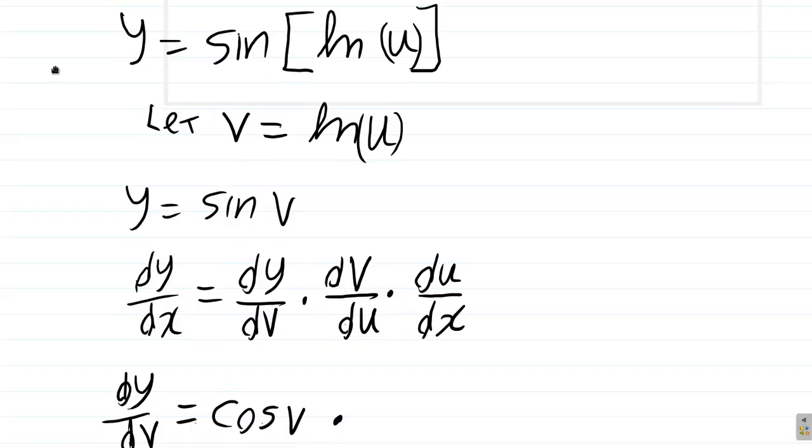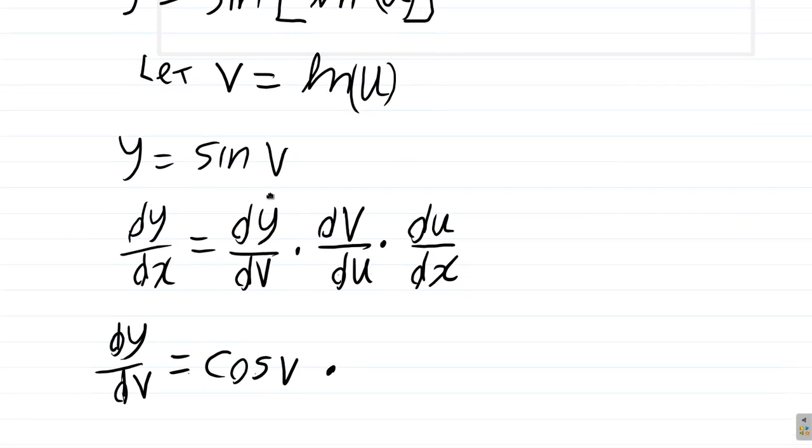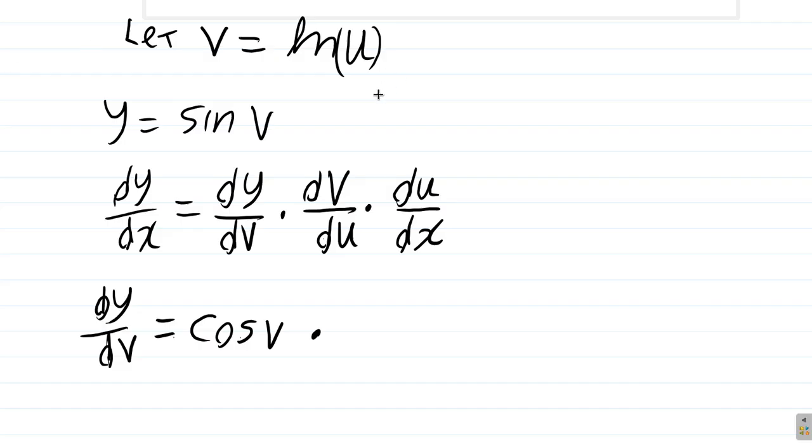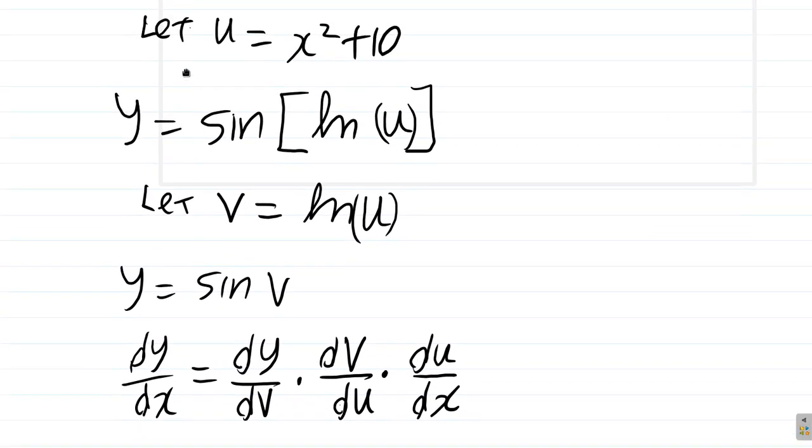Now, you should remember that if you have something like y is equal to ln x, then dy by dx would be 1 over x, right? You remember that? Now in this case, it's u we're dealing with. V and u. So if v is equal to ln u, then dv by du would be 1 over u. And then multiplied by du by dx. u is equal to x squared plus 10.